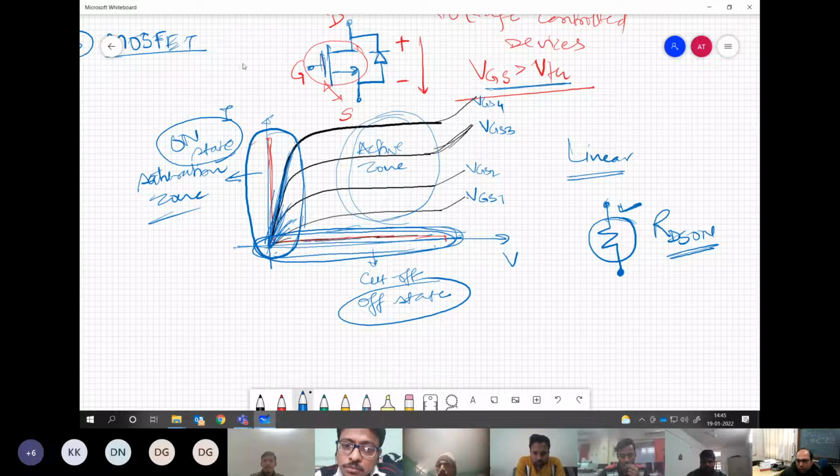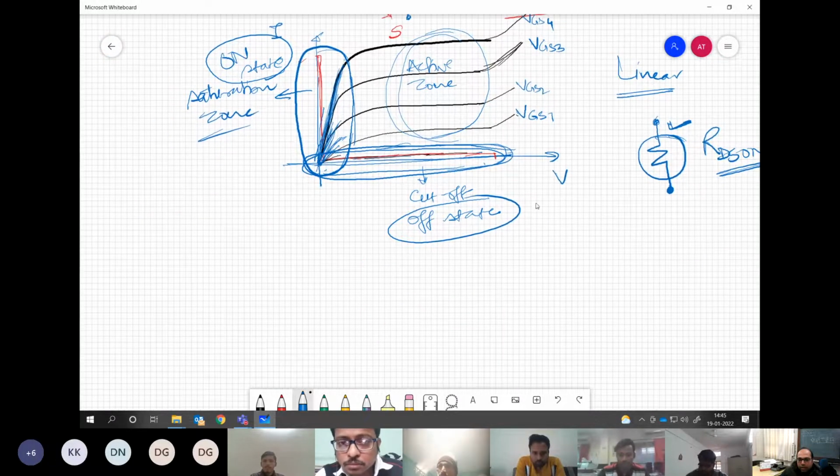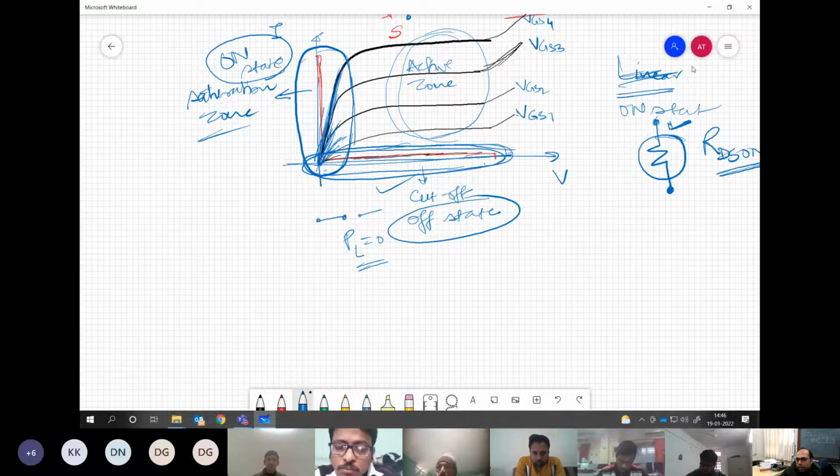So now, similar to BJT, we can draw the equivalent circuit. So the off state is very, very clear, again not having much current flowing through it. So it is like an open circuit and power loss is also zero. Whereas the on state, as I told, is basically like a resistance and the value is not very small.